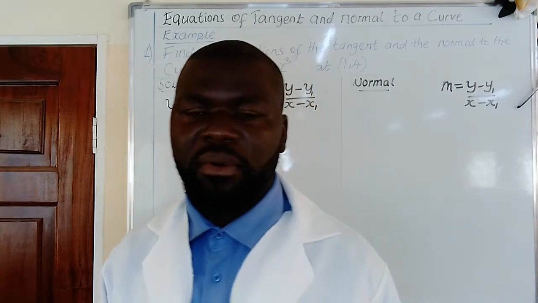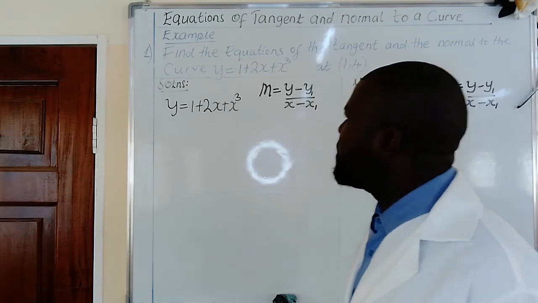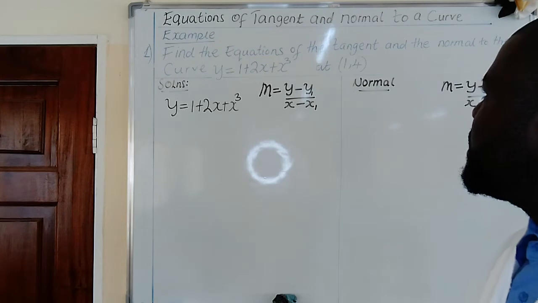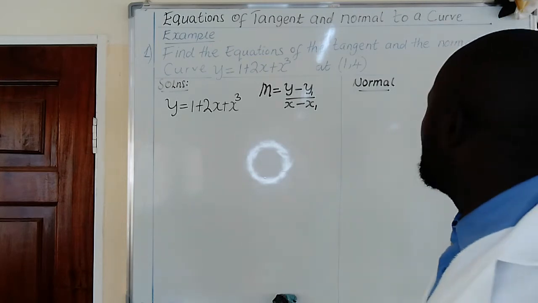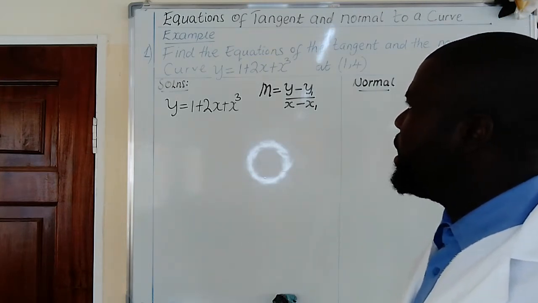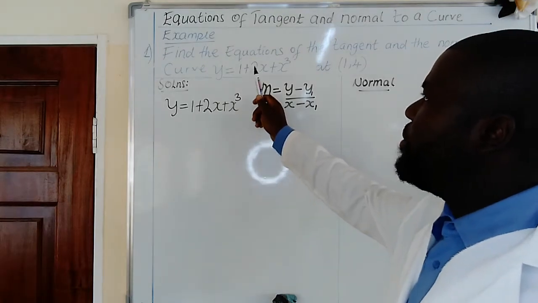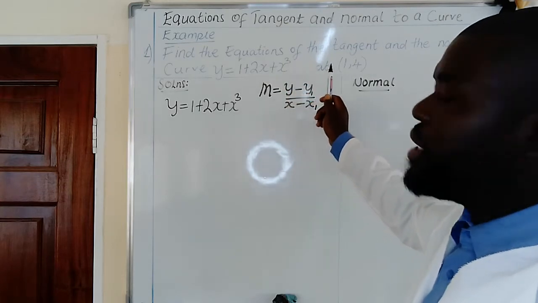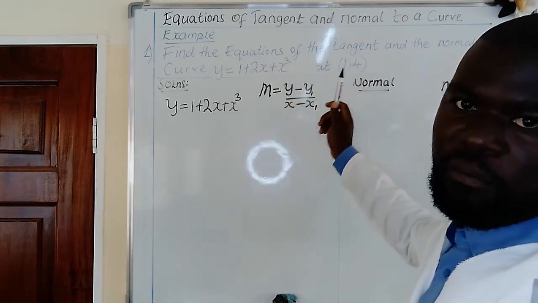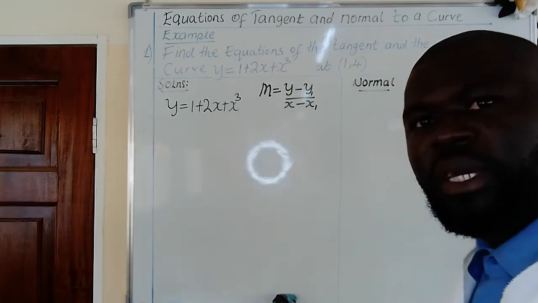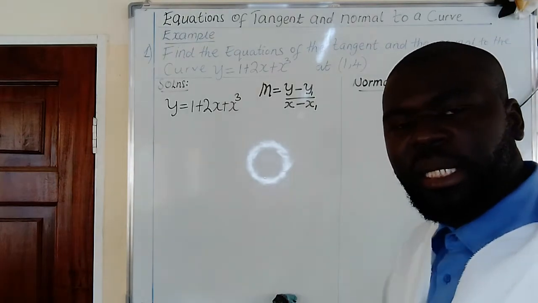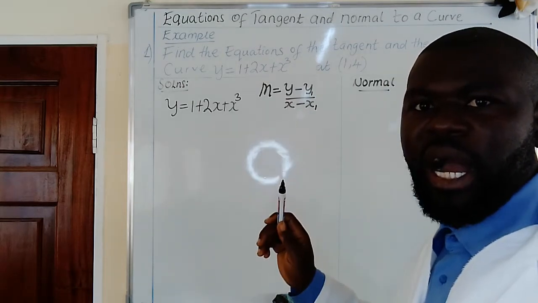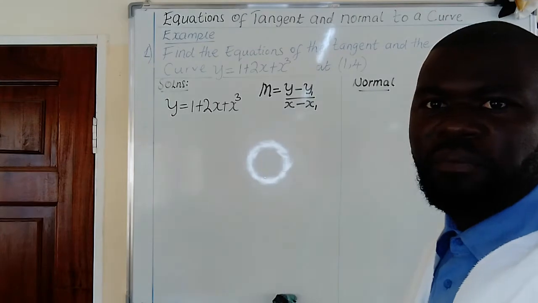So we have an example on the board where we are saying, find the equation of the tangent and the normal to the curve y is equal to 1 plus 2x plus x power 3 at 1, 4. So we have to get the equations of the tangent and the normal to this curve at 1, 4.